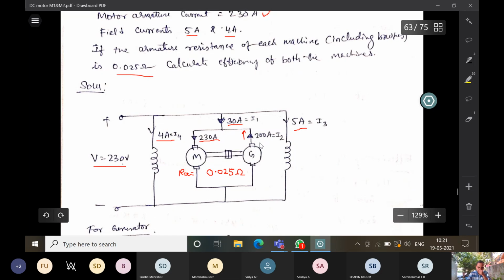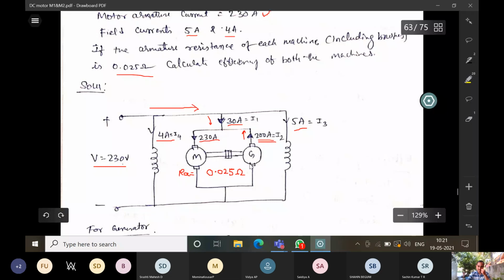So 200 is coming from generator, 30 is coming from the main supply. Total armature current of motor is 230, 30 is coming from the supply mains, so 230 minus 30 gives the remaining 200 amps from the generator. Hence generator current I2 is 200 amps.